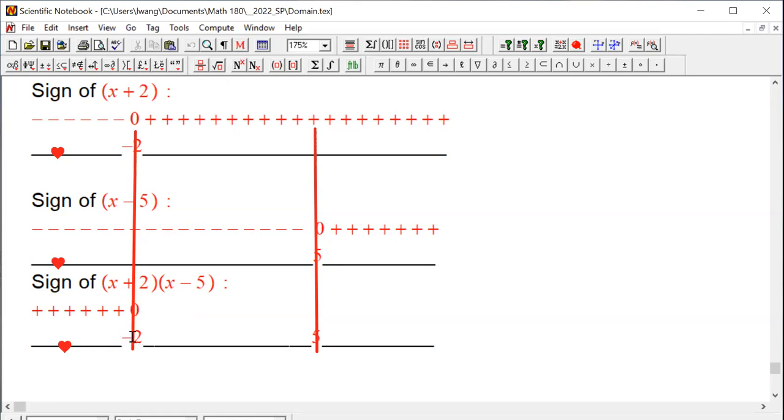Between -2 and 5, I can pick any number I want, and I plug in, I will end up with a positive times negative, which is going to be negative. At 5, when x equals 5, x minus 5 is going to be 0, so 0 times a positive number is 0.